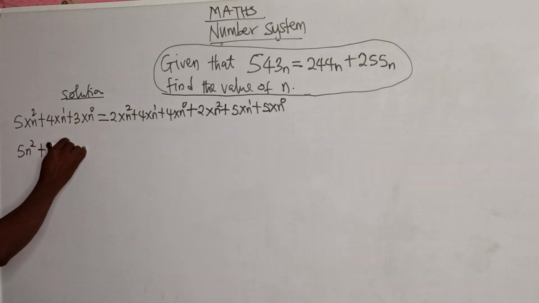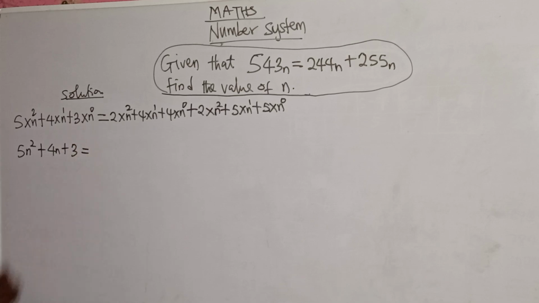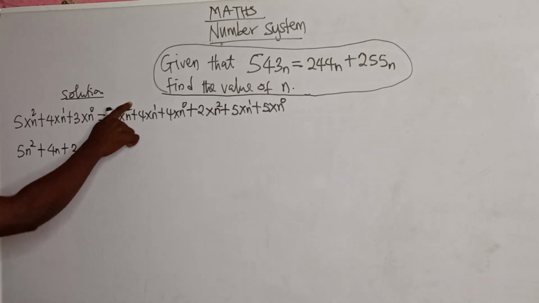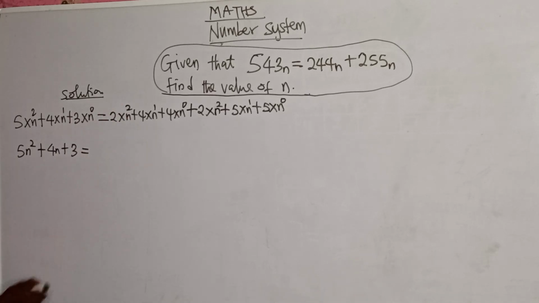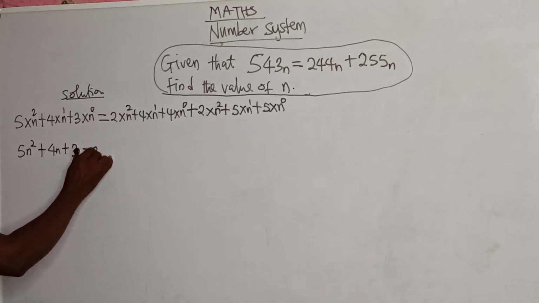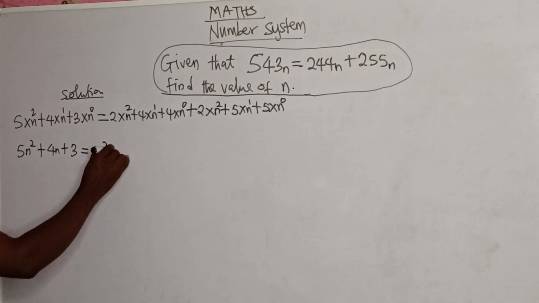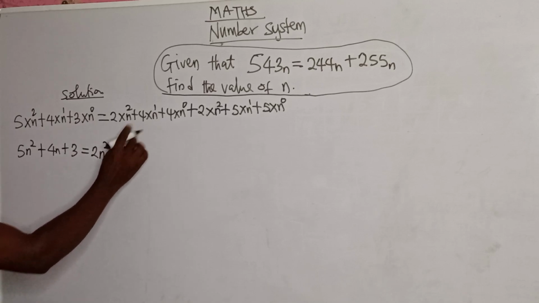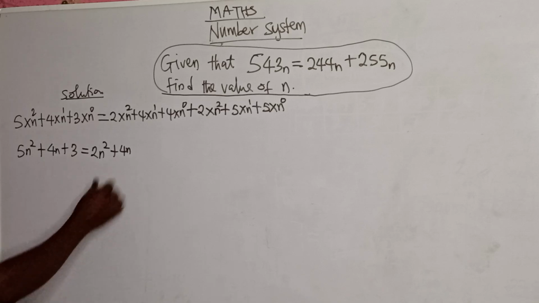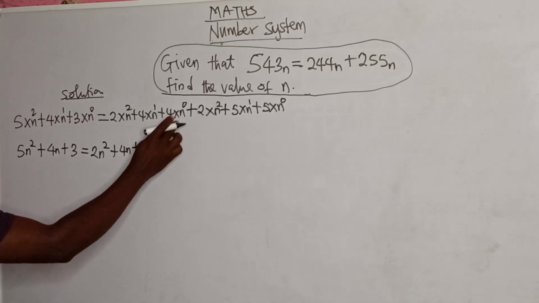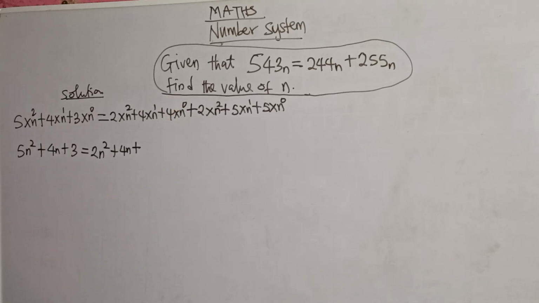1 times 3, that is 3, equals n power 2, that is n squared. Then times 2, that will give us 2n squared, plus n power 1 is n times 4, that is 4n, plus n power 0 is 1.